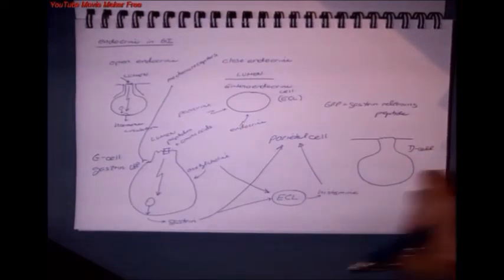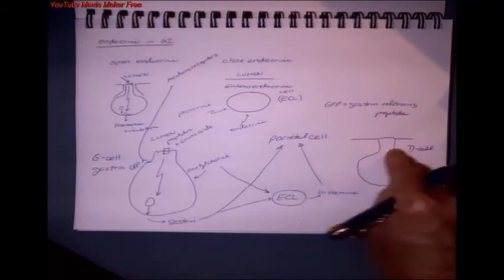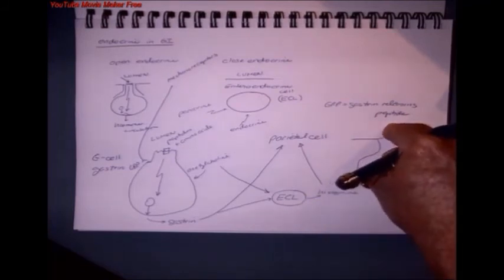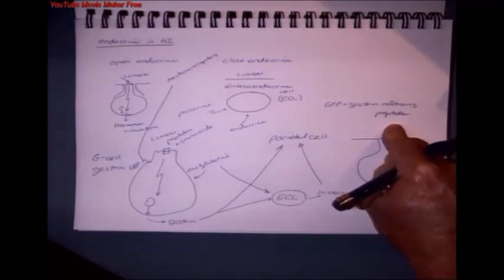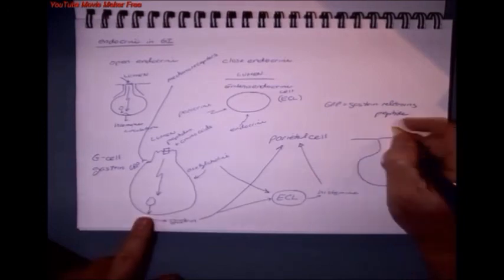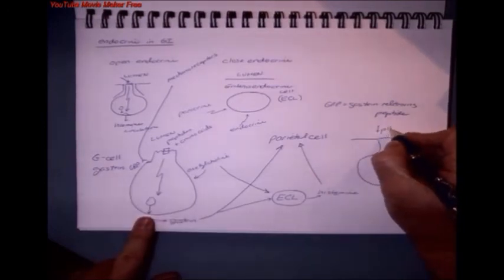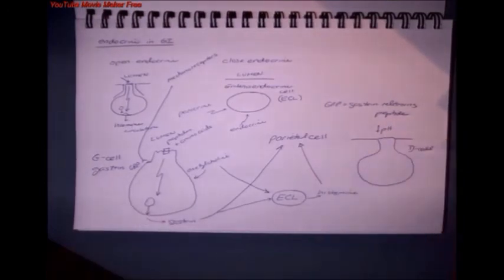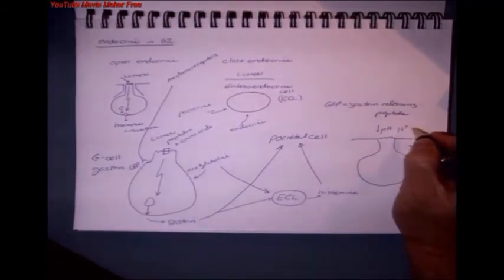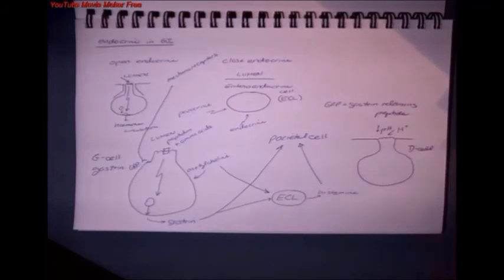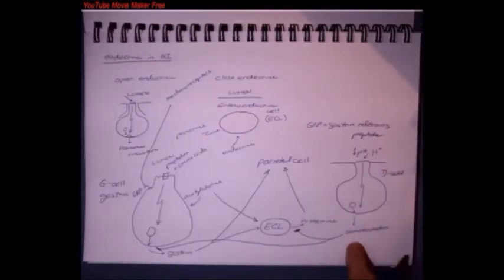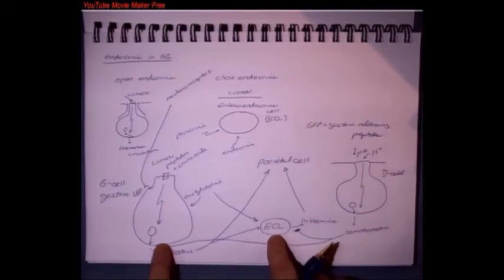Now the D cell, because it's an open endocrine cell, has communication with the lumen, and this is going to be recognizing the decrease in pH. So it's a proton sensor. We have the D cell now putting out somatostatin that can actually put a brake on these two cells.